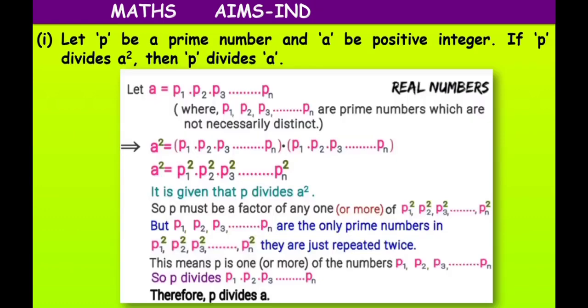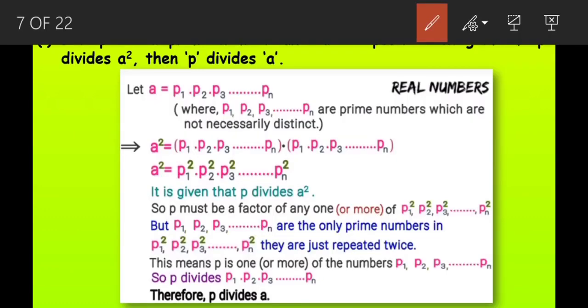According to it, let a equal p1, p2, p3 and so on up to pn. This is the a value, where p1, p2, p3, pn are prime numbers which are not necessarily distinct.